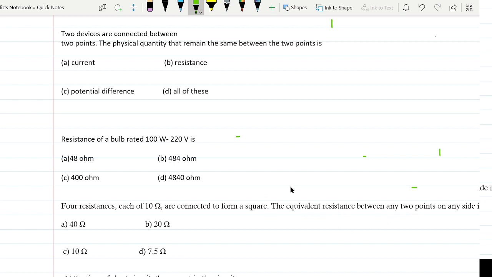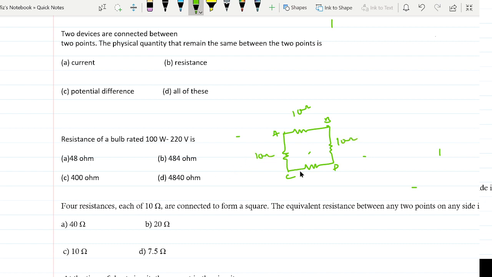Okay, see here we have connected 4 resistors such that they form a square. Okay, and we'll name all 4 points here as A, B, C, D. Each resistor is of 10 ohm.